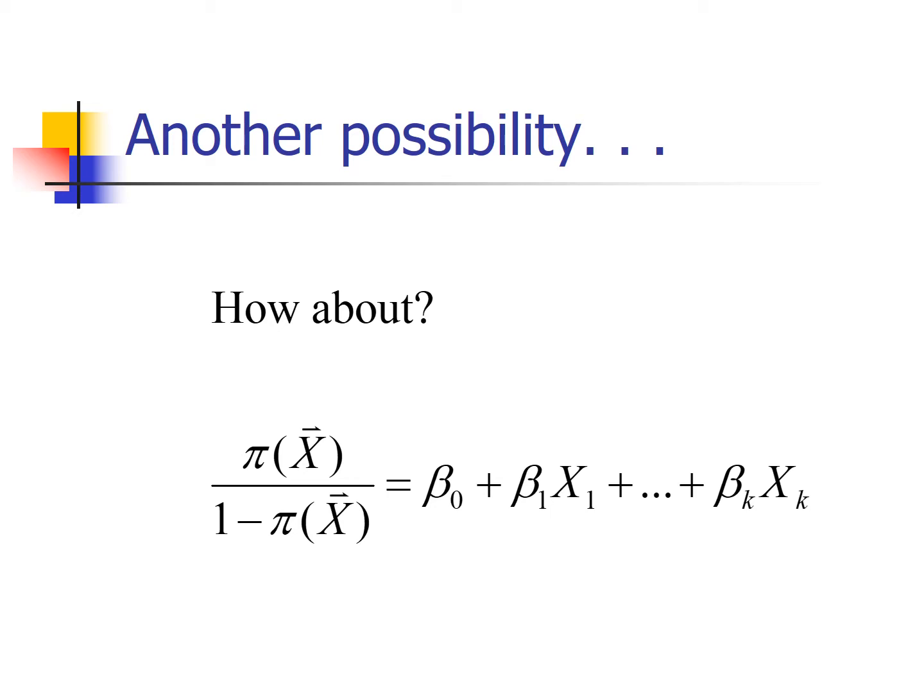If this was like 99%, we would have 0.99 over 0.01. So I guess that would be 99, right? Or we could have 0.999 over 0.0001 and so on and so forth. So as that numerator gets closer and closer to 1, that left-hand side is getting arbitrarily large.